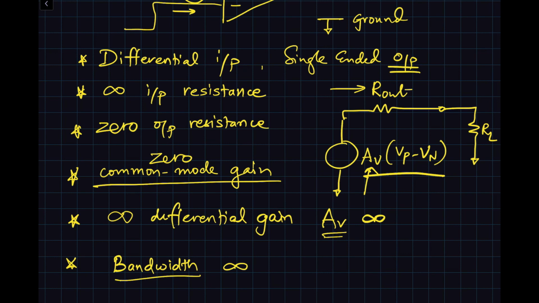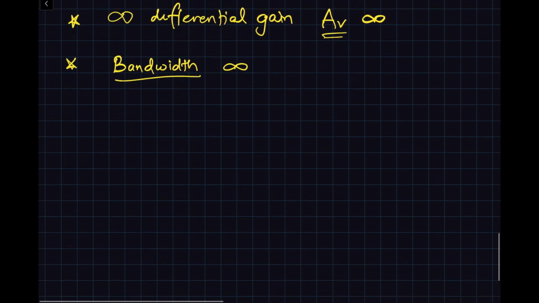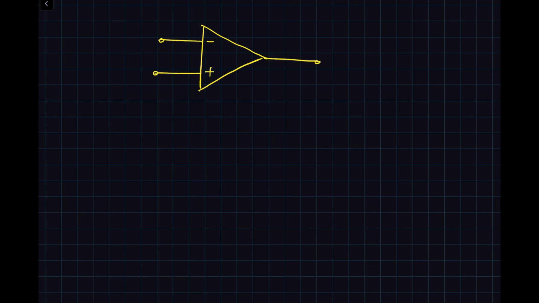So let's do the transfer characteristics of the amplifier. Let me draw the amplifier first. Again, minus, plus, and in this particular case, let's just say this is your Vn and this is your Vp, and this is V out.